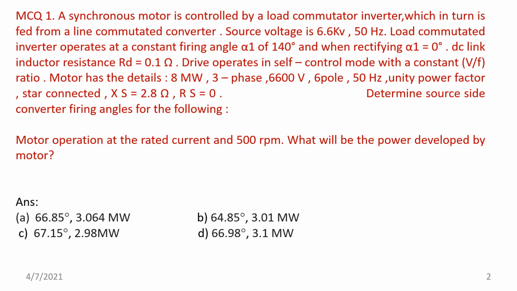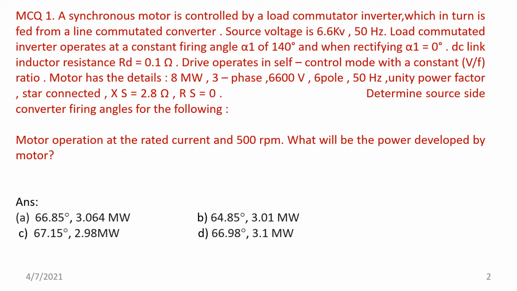A synchronous motor is controlled by a load commutated inverter, which in turn is fed from a line commutated converter. Source voltage is 6.6 kV, 50 Hz. Load commutated inverter operates at a constant firing angle alpha 1 of 140 degrees, and when rectifying, alpha 1 equals 0 degrees.